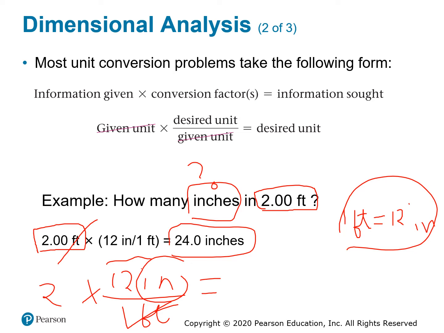Another thing, what did I say? You have to check the units, check the correct answer, and then look at the significant figures. Here I have 1, 2, 3 significant figures. Does my answer have 3 significant figures? 1, 2, 3. So that's the correct answer. This is how you will solve problems using dimensional analysis.